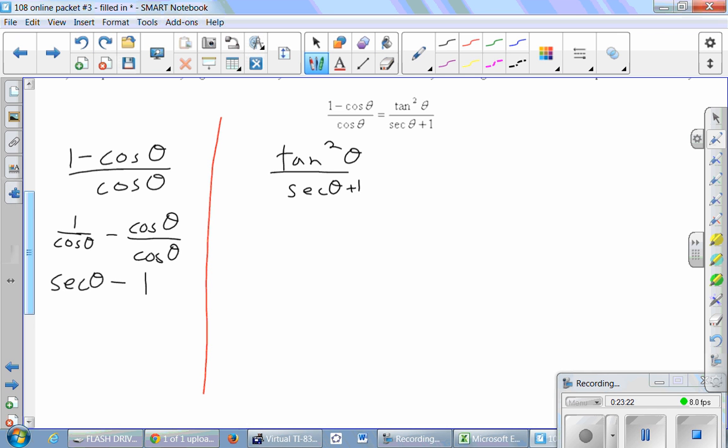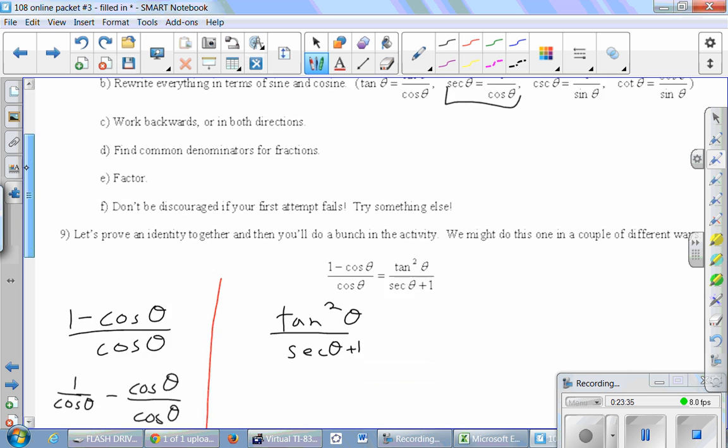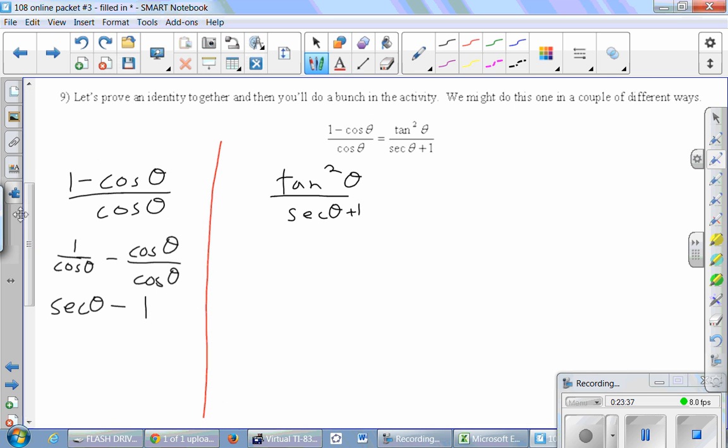and see if we can do anything with the expression on the right-hand side. Tan squared over secant theta plus 1. Okay, tan squared is part of one of our Pythagorean identities. And so we saw, well, we don't have it written here, but we know sine squared plus cosine squared is 1. So we might not know this one as well, but we need to have it available to us. So what does it say?